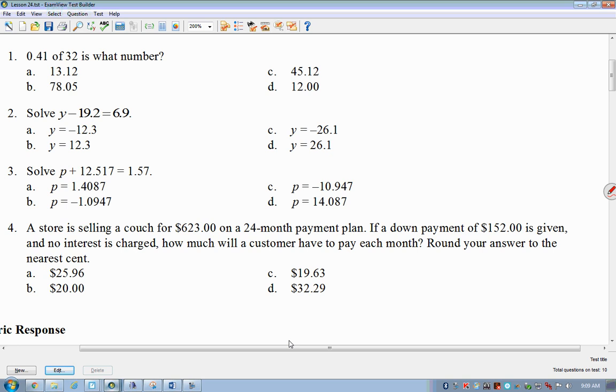Okay, so I've got two contradictory answers. Okay. Tiffany? If you want to do it by what? Proportions. Okay, so tell me, how would you write it up as a proportion? 32 over what? Over x?